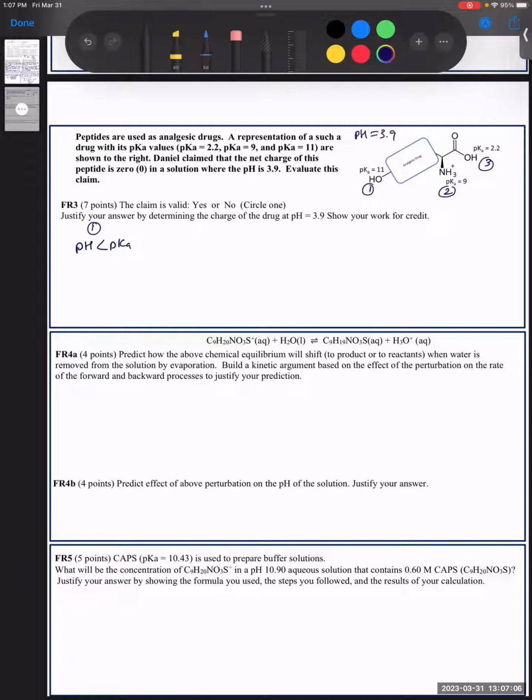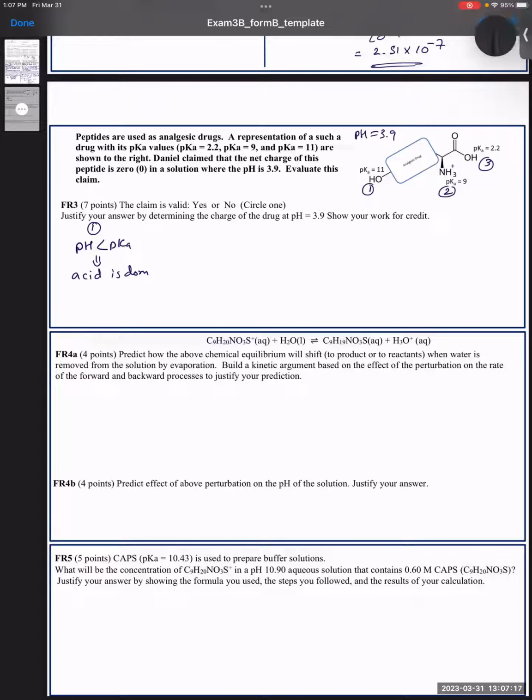Therefore the acid form is dominant, and therefore we're going to have this form. This is going to be the dominant structure, and the charge here is 0.